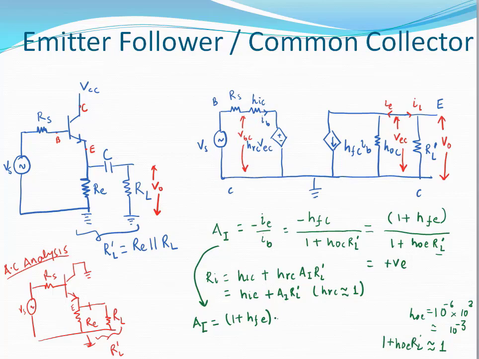HFE is 50, so you can further approximate it as HFE. So current gain of common collector is approximately equal to HFE.